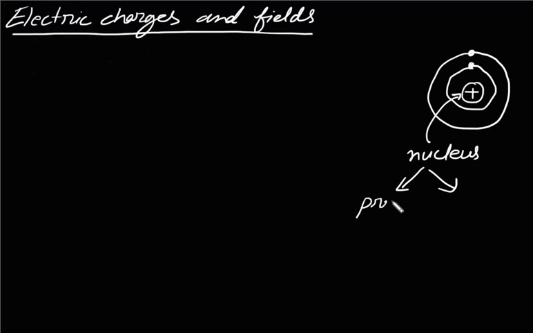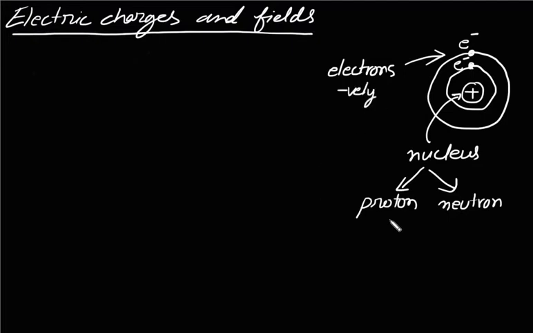A proton and neutron, and we also have electrons that are revolving around the nucleus. Okay, so the electrons are negatively charged, protons are positively charged, and neutrons have zero charge.